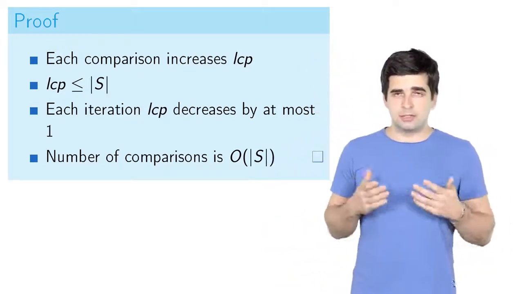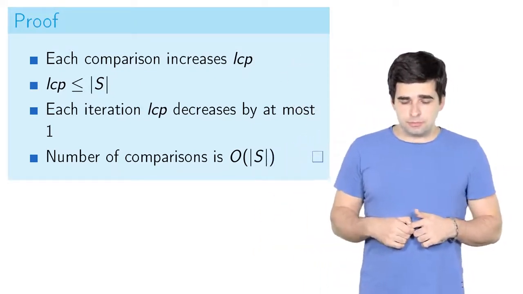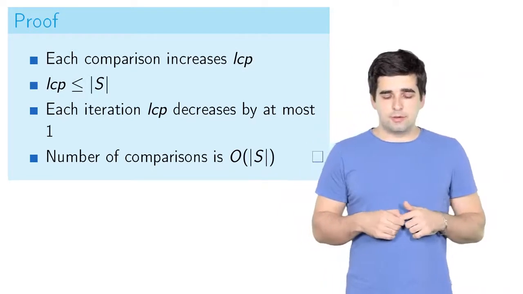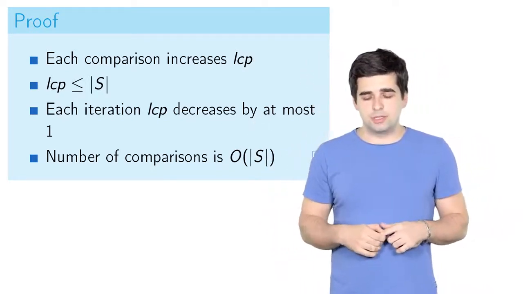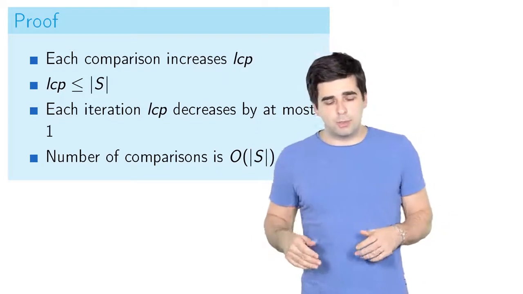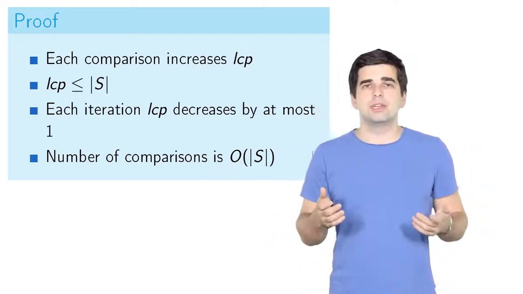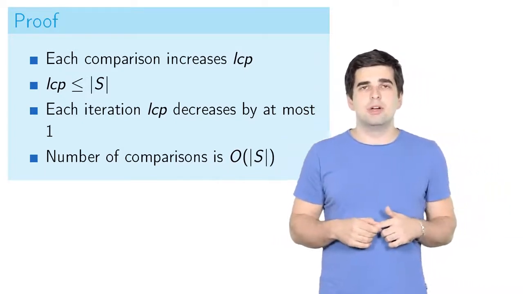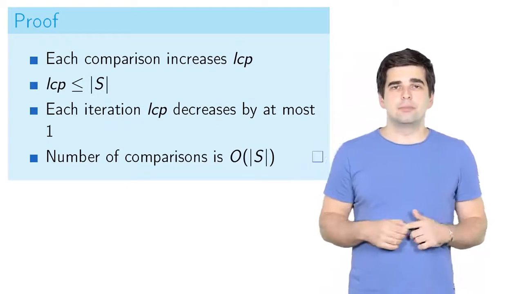And at each iteration, LCP decreases by at most 1. So if we start from 0, we cannot go higher than length of s, and on each iteration we decrease by at most 1. We cannot do more than linear time of increasing LCP, and so we cannot do more than a linear number of comparisons. And this is why this algorithm works in linear time.